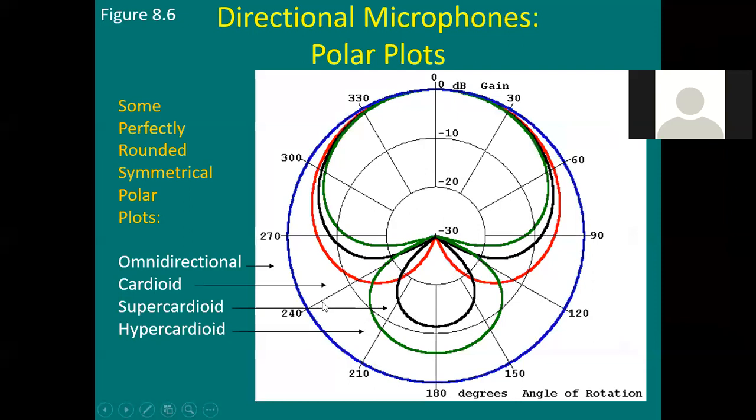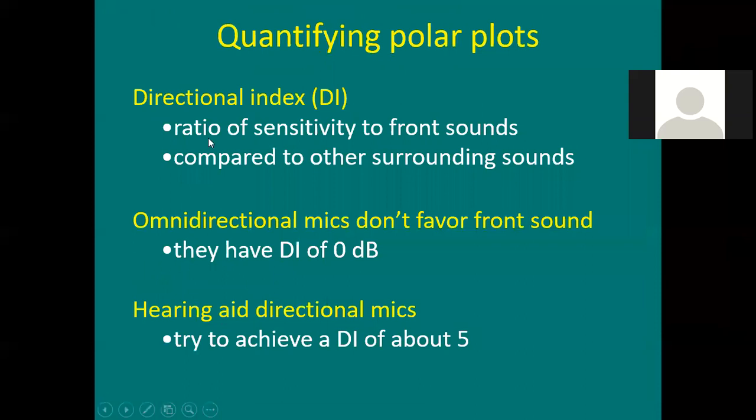You'll get a great big number, and then when you divide by 360, you get the average. And the average is called the directional index, DI, and it indicates the ratio of sensitivity to frontal sounds compared to its sensitivity to surrounding sounds.